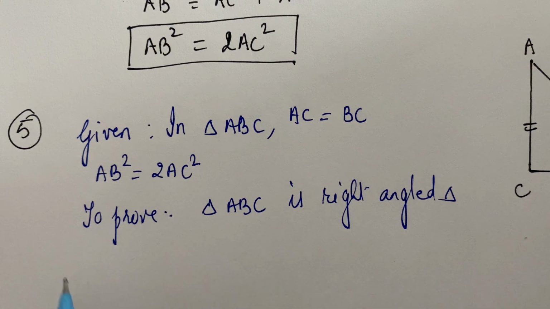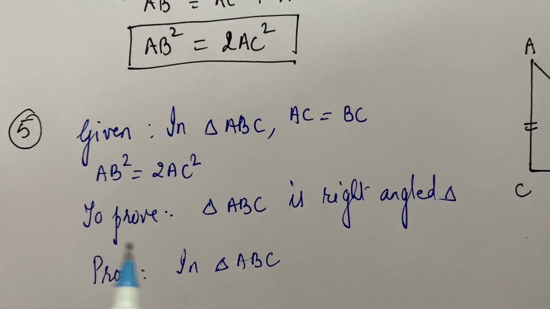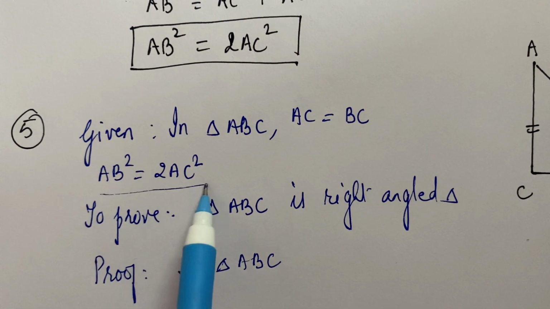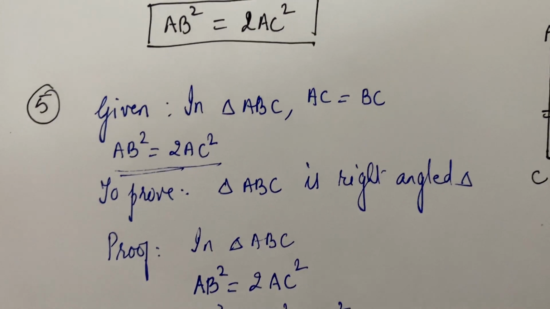Fine. Now let us again go for what is given to us. In triangle ABC, what are we given? AB square is equal to twice AC square. Let us write that. Now this twice AC square we can write this way, AC square plus AC square.